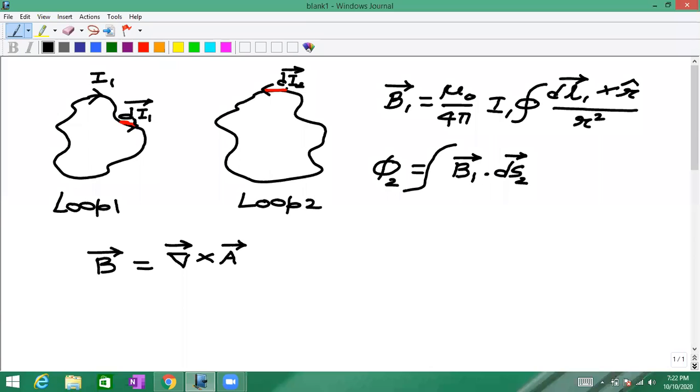So B vector equals curl of A. This A vector is called magnetic vector potential.